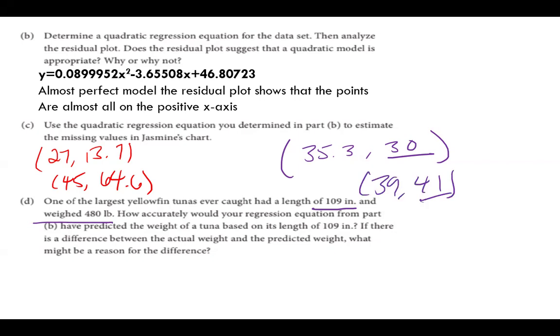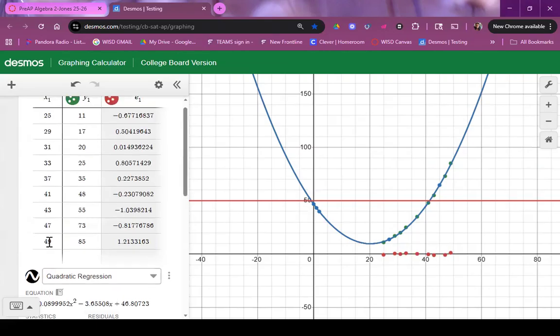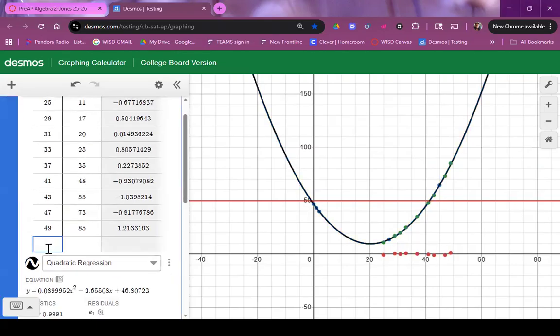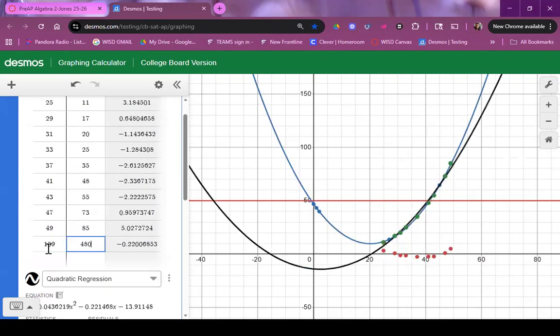And from there, because we're running our regression and we're looking at residuals, it's going to tell us the difference between the two. So right here, I'm going to go up to our initial table and add in what it gave to me. It said that the fish was how long? 109, and it weighed how much? 480. So this is your actual data, right?